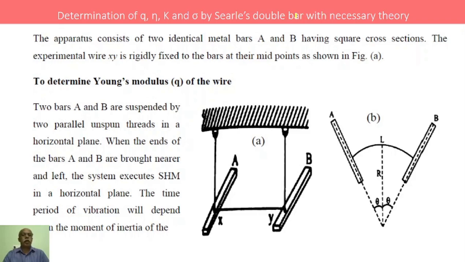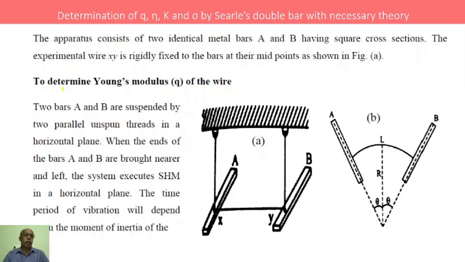This Searle's double bar consists of two identical metal rods or bars, A and B, having square cross sections, and the experimental wire XY is rigidly fixed to the bars at the midpoints, as shown in the figure.